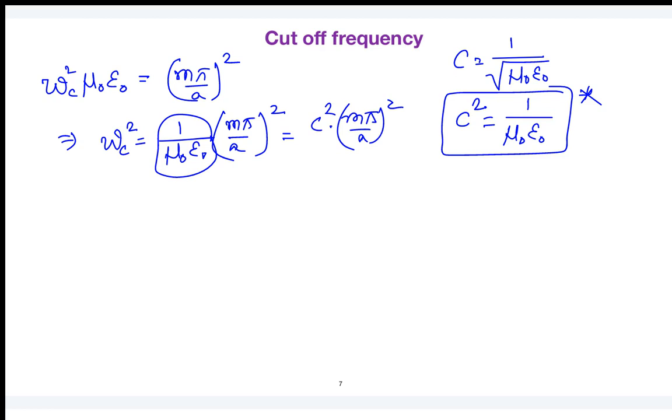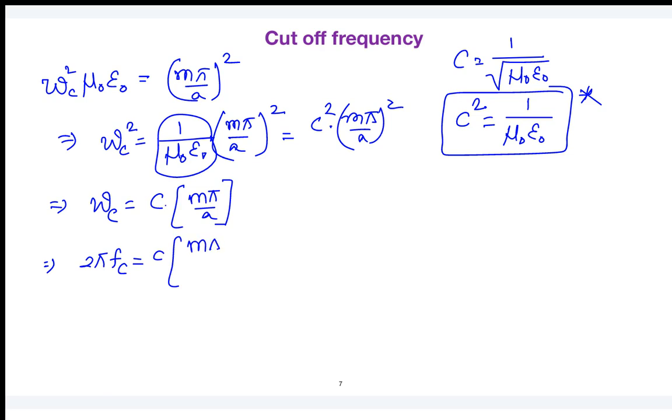Based upon this equation, I can say omega c is equal to c into m pi by a, and omega is equal to 2 pi fc is equal to c into m pi by a, and you are going to get the equation for frequency as fc equals mc by 2a.